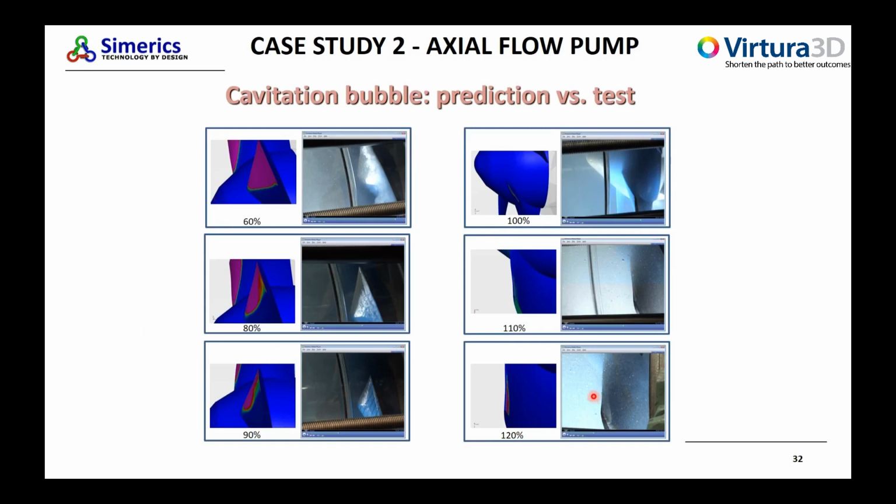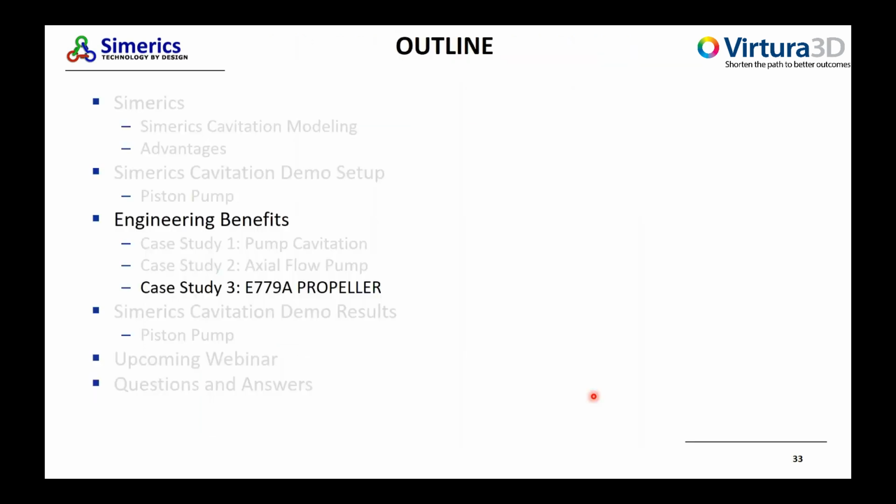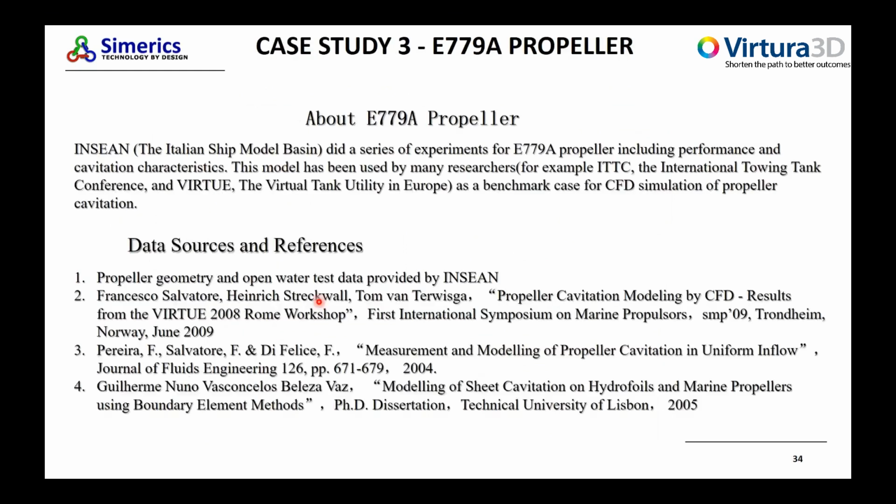The next one is this propeller study. I have bunched a few propeller studies into here, but I'll talk in a little more detail about this E779A propeller. This is from the Italian ship model basin in Rome, in short. They did a series of experiments for this E779A propeller to look at the performance and the cavitation characteristics.